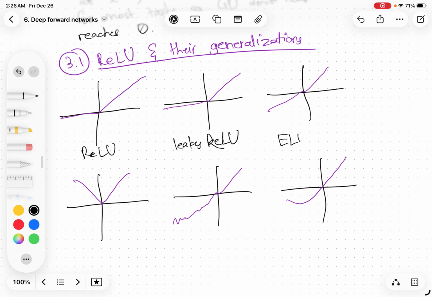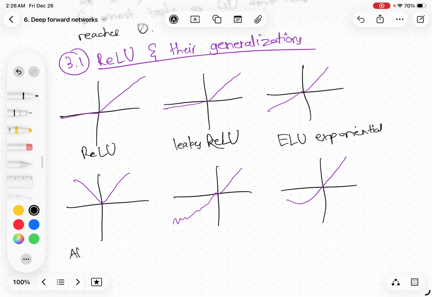This is the ELU, the exponential linear unit, and the scaled exponential linear unit. We won't go into that.